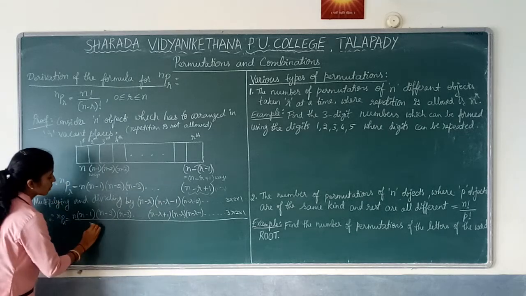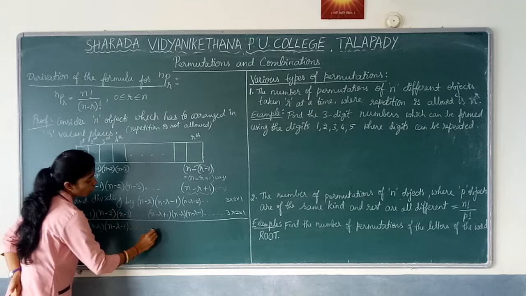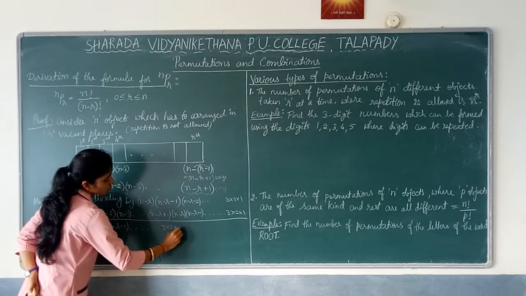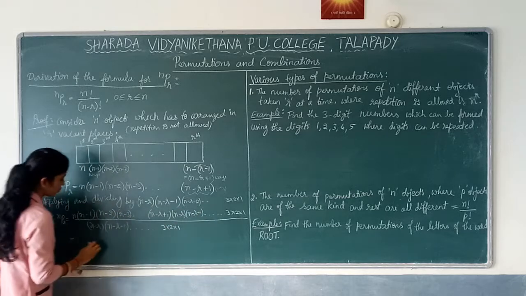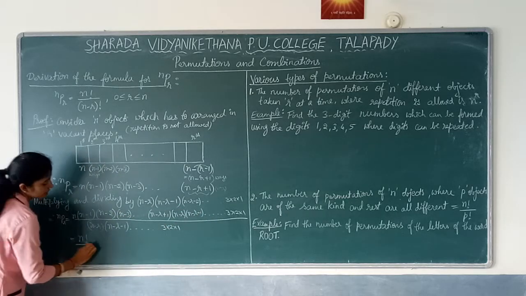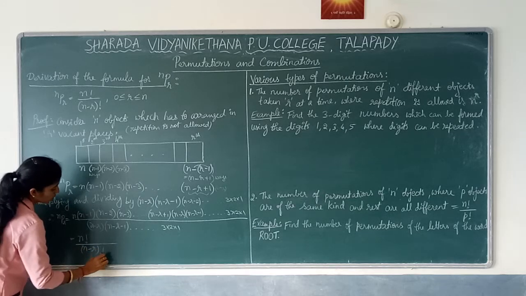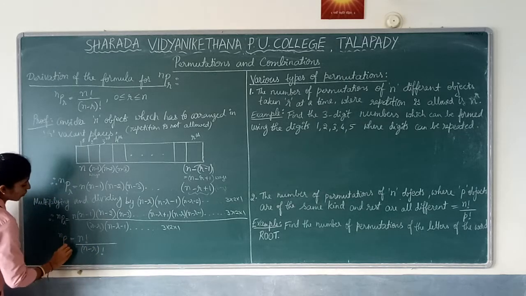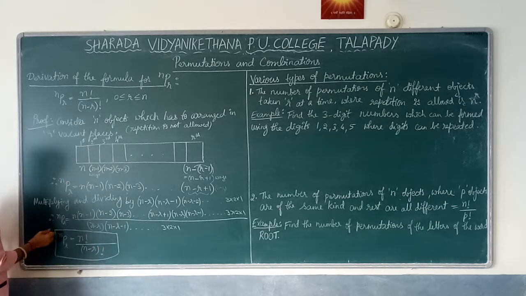So divided by n minus r into n minus r minus 1, and so on till 3 into 2 into 1. Therefore, what is this equal to? Numerator is exactly equal to n factorial, right? Denominator is exactly equal to n minus r whole factorial. So we got the formula for number of permutations of n objects taken r at a time.